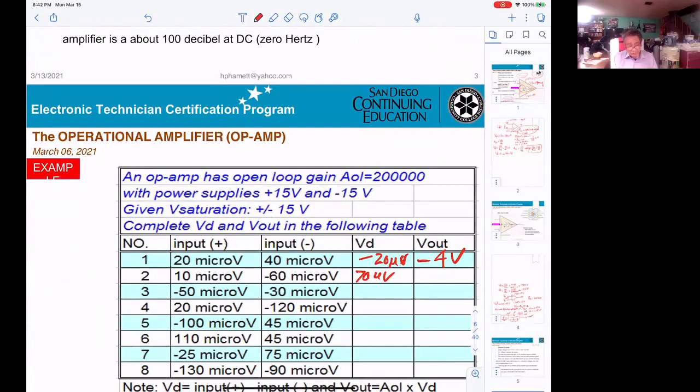That means you want to calculate the V out. They not be saturated, they can be times 200,000. I think they can be 14, right? Yes. Next one.